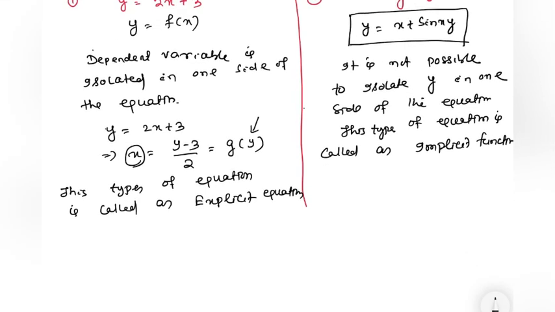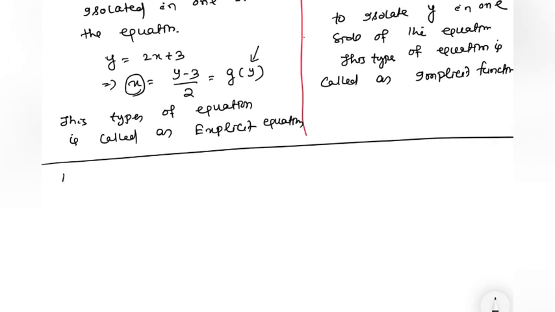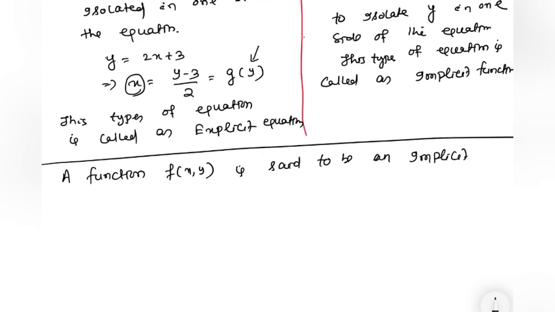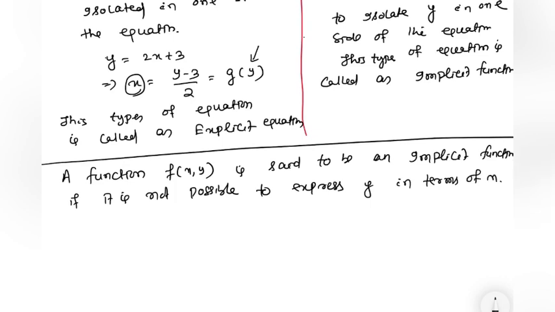So you see now the definition: a function f of xy is said to be an implicit function if it is not possible to express y in terms of x or vice versa.